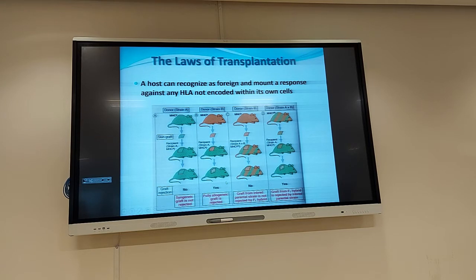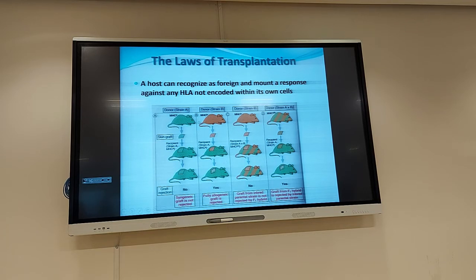From those single bred colonies, those pure strains of mice, and from those experiments that I talked about of grafting a bit of skin from one strain onto another, they established the so-called laws of transplantation.